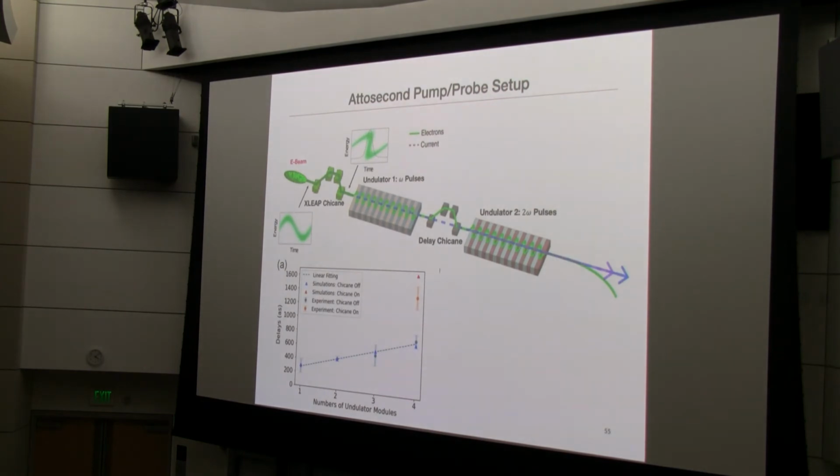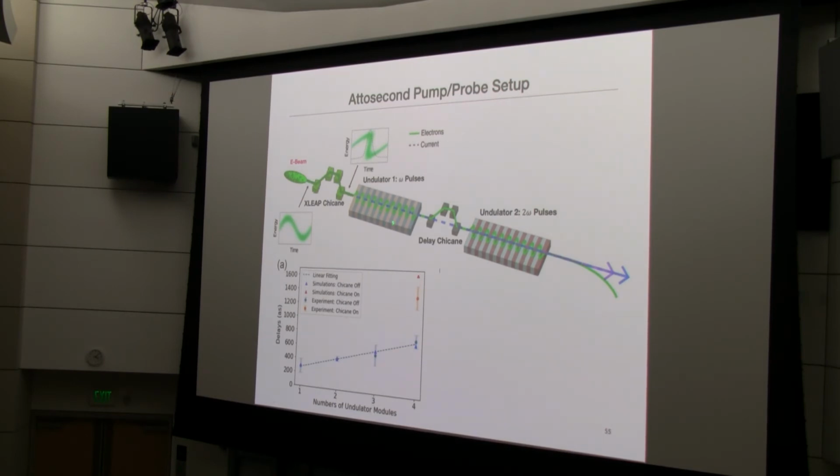So how do we fix this? We take the clue from the laser community. The way the laser community manages to make very precise pump probe experiments is by making 2 pulses using the same laser. That way there's no jitter because the source of both pulses is the same. And the idea is we have an undulator. It's pretty simple. We split it in 2 and we make 2 pulses. Now both pulses are coming from the same electron beam, so there's no jitter other than the noise in the electron beam.